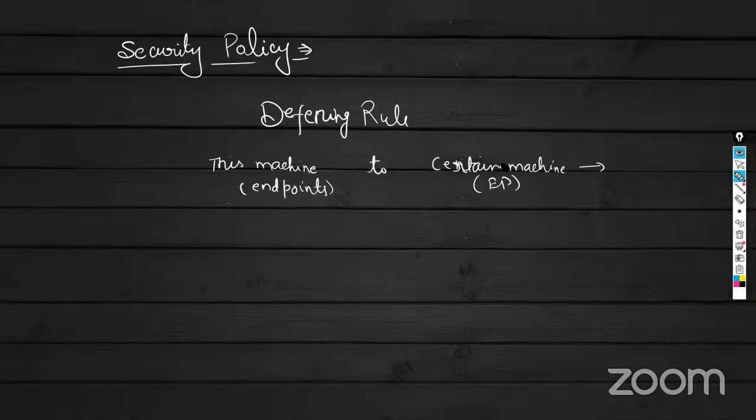From this machine to that machine, you define whether you want to allow that traffic or deny it. But how do you identify this machine and that machine? That is based on the IP address.